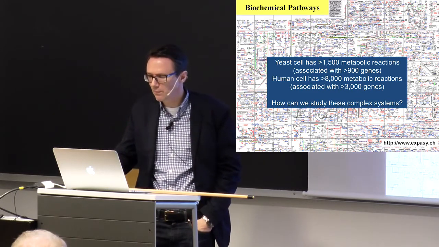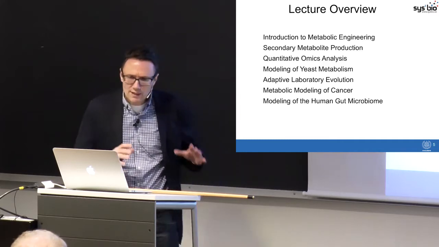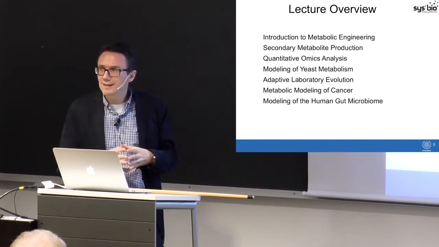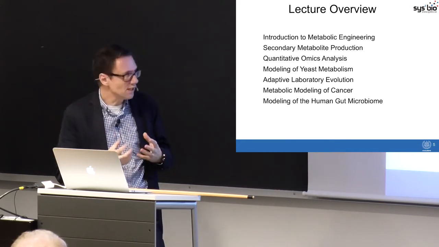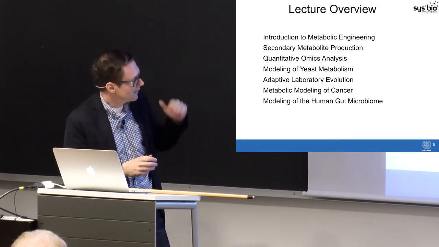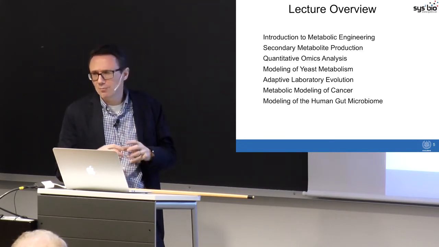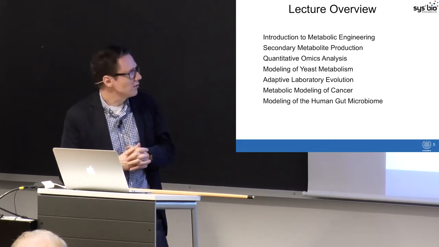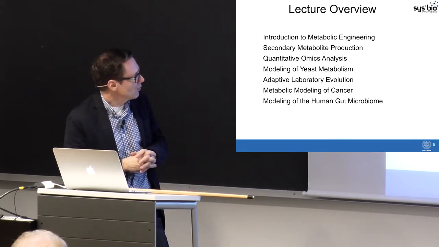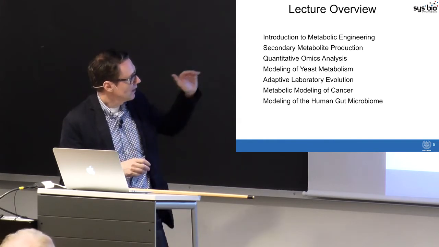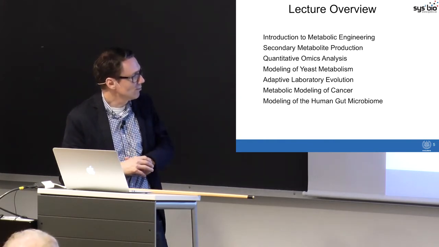So I'll be talking very briefly first to the concept of metabolic engineering, where we are aiming to engineer cells and their metabolism. I'll give a brief example about secondary metabolite production, particularly because it's related to comparative genomics. Then I'll talk about quantitative omics analysis, how we can advance that field, and use that to model yeast metabolism in much more detail.